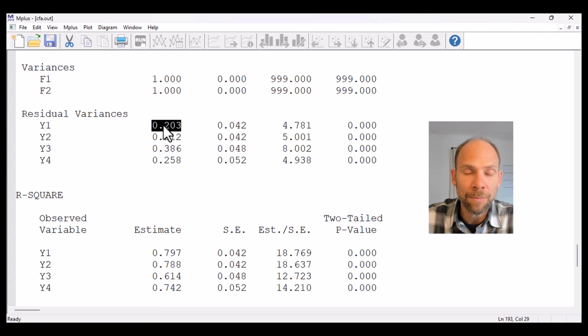So this would be the portion that is missing. 0.203 is the error variance component, 20.3%, and so this number plus this number yields exactly 1.0 or 100% explained variance.